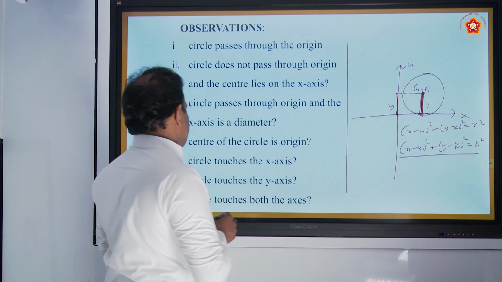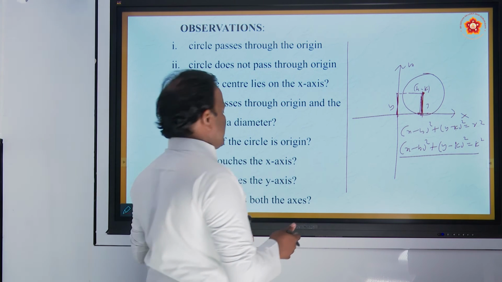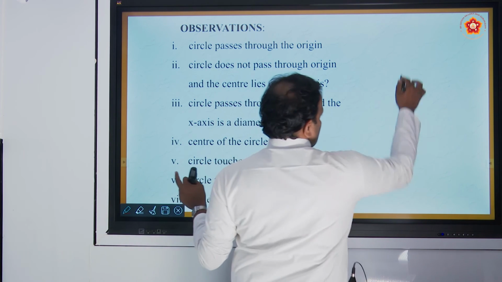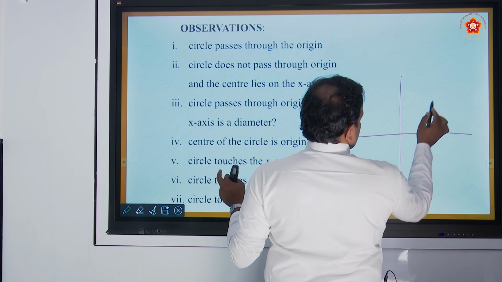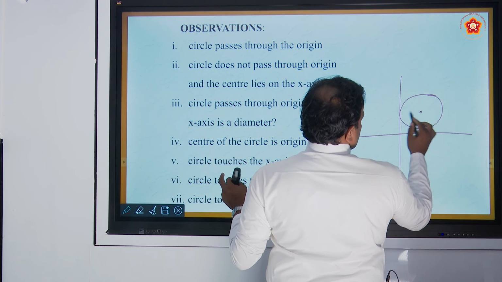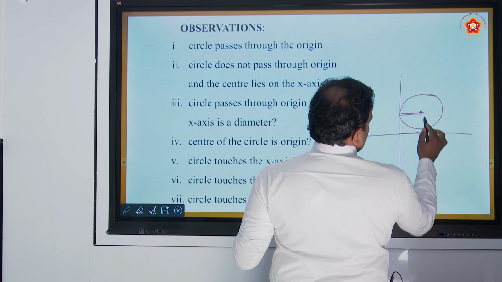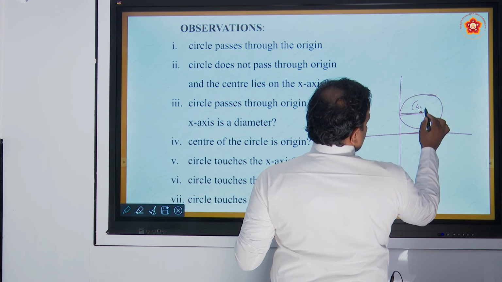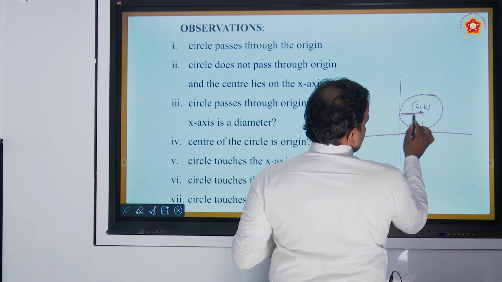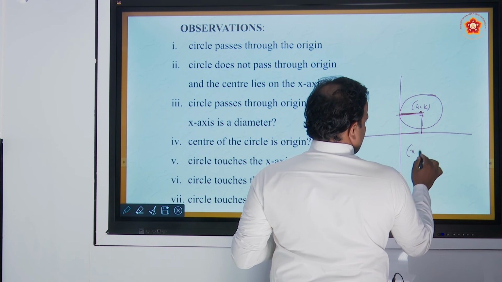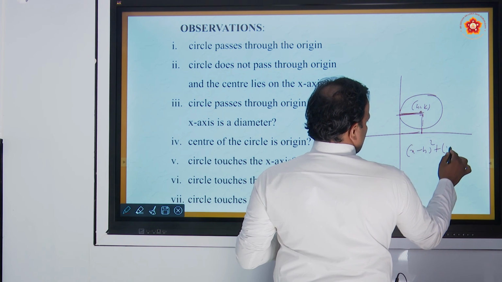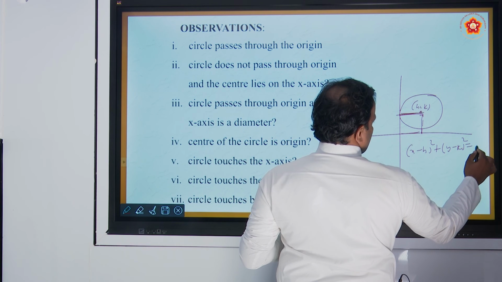Similarly, reversing this, the circle touches the y-axis. Here the center is h comma k, and h becomes the radius, not k. The circle equation is x minus h whole square plus y minus k whole square equals r square.